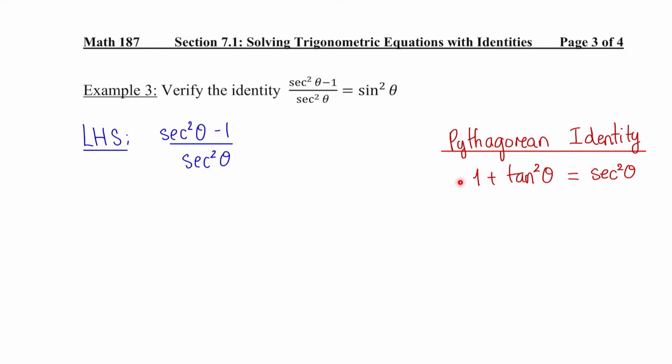Now, if I subtract 1 from both sides of this identity, I have tangent squared theta equals secant squared theta minus 1. This is still the Pythagorean identity. This is just another variation of this. So from here, I can totally replace secant squared theta minus 1 with tangent squared theta.